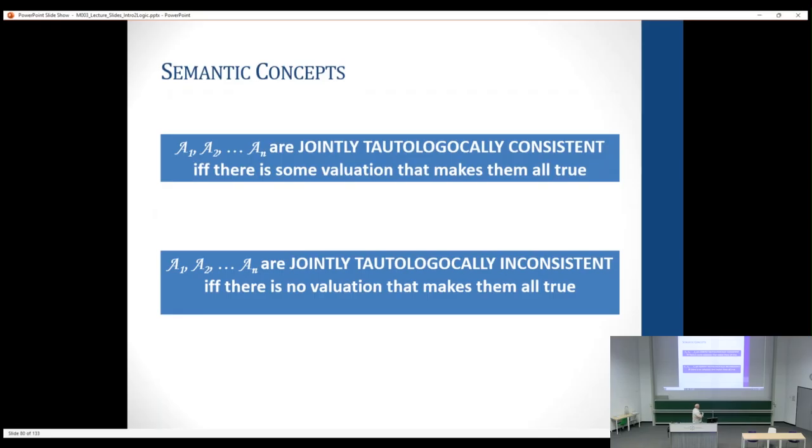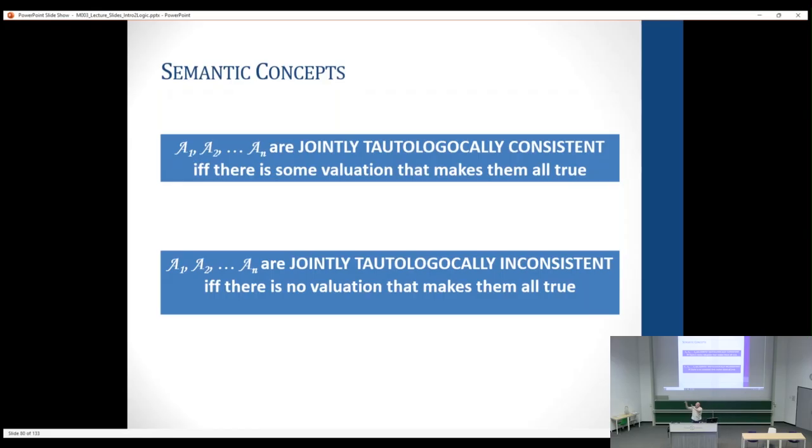On the flip side, we'll say that some sentences A1 through AN are jointly tautologically inconsistent if and only if there's no valuation where they're all true together. So, if we want to test for this using our tables, here's what we're going to do. We put all of our sentences down, write them along the top.